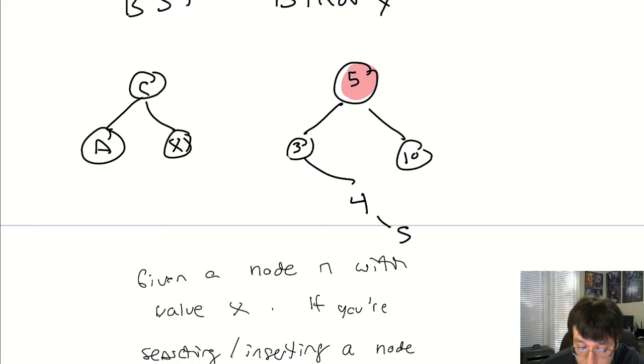Let's say that we're looking for a 6. We look at the root and say, okay, well, 6 is greater than 5, so it must be on this side. And because this node is not empty, we can keep going. 10 is greater than 6, so it cannot be on this side. It has to be on this side. However, there are no children.